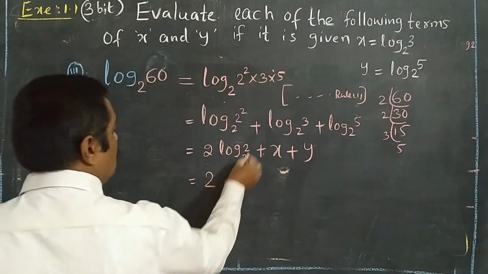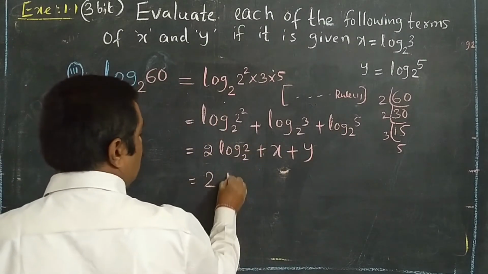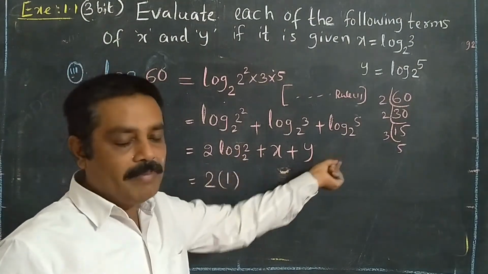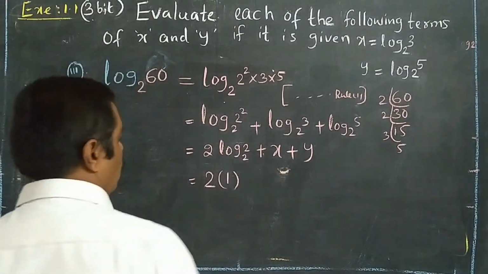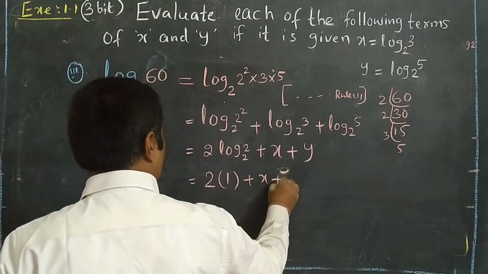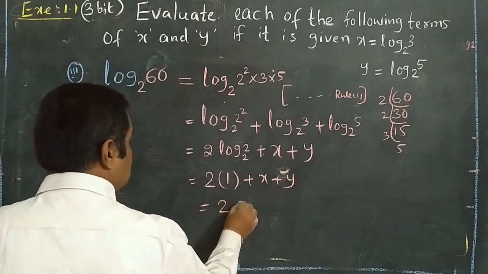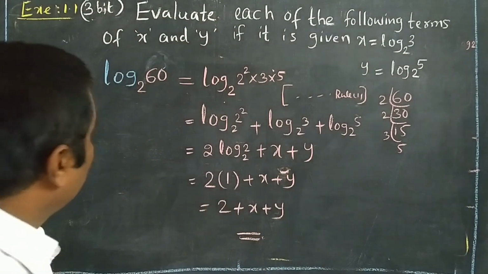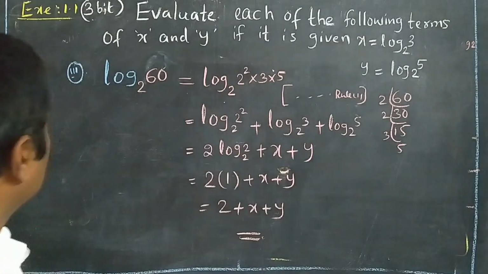And 2 log 2 base 2 we have to take as 1, because already we know log a base a is equal to 1. So your answer is 2 plus x plus y. This is the method. For these problems you have to complete this problem.